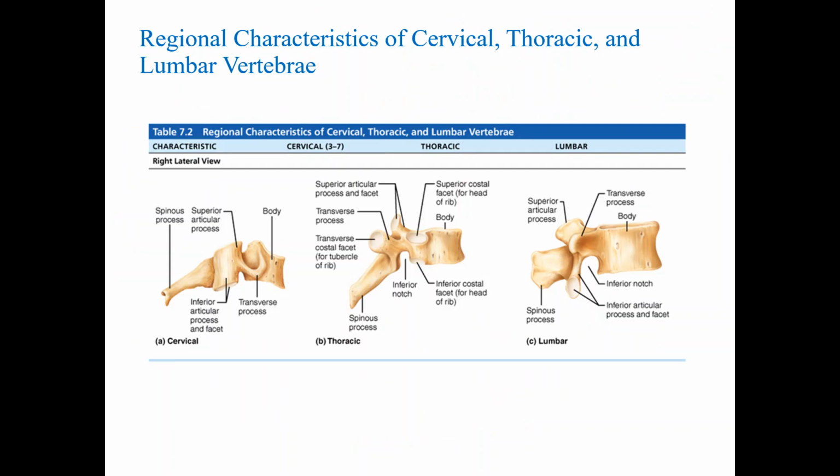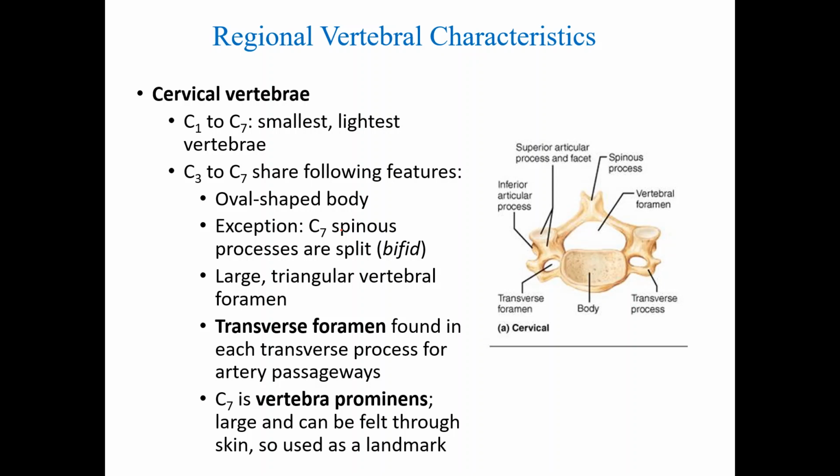And we're going to actually now zoom a little bit more in the typical characteristics of cervical, thoracic, and lumbar vertebrae. They are slightly different, and there are some actually that are quite different. Let's start with the cervical vertebrae that run from C1 to C7. These are the smallest and lightest vertebrae.